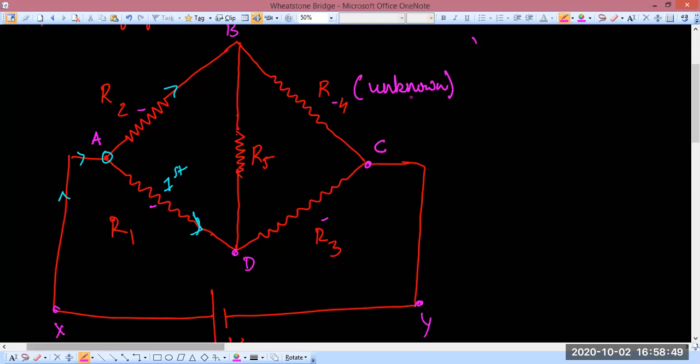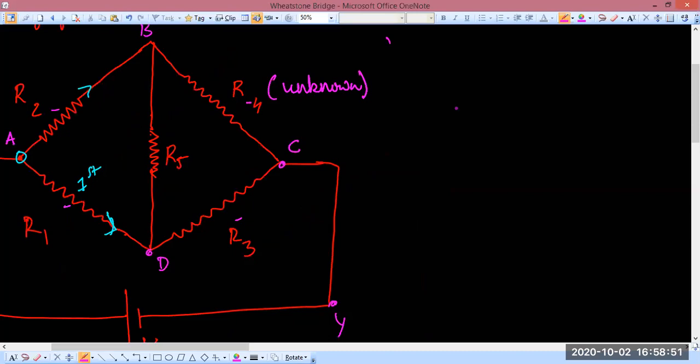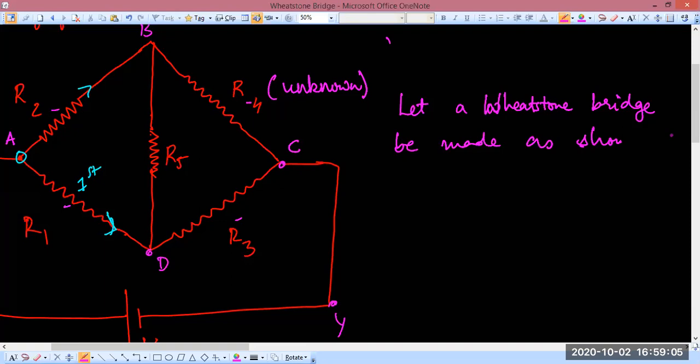So you could write, let a Wheatstone bridge be made as shown in figure. Okay, R4 is unknown resistance, right?